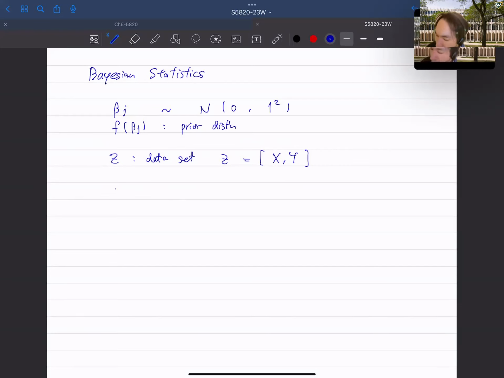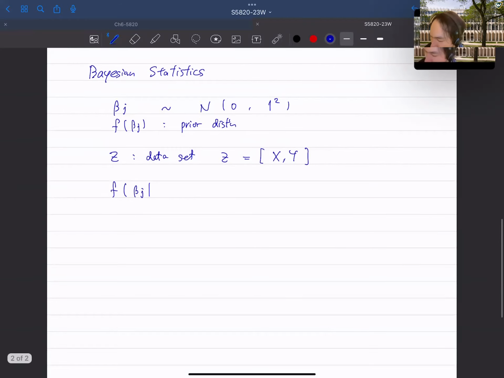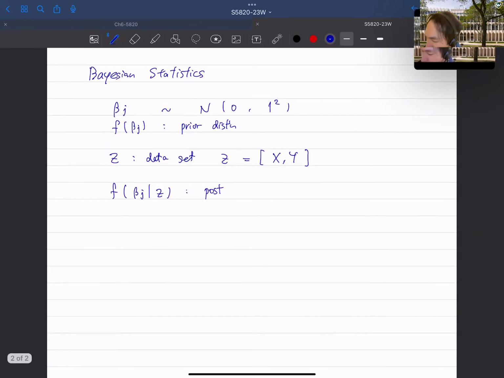Then we calculate the posterior distribution, that is, the conditional distribution of beta j given the data Z, by using the so-called Bayes rule.